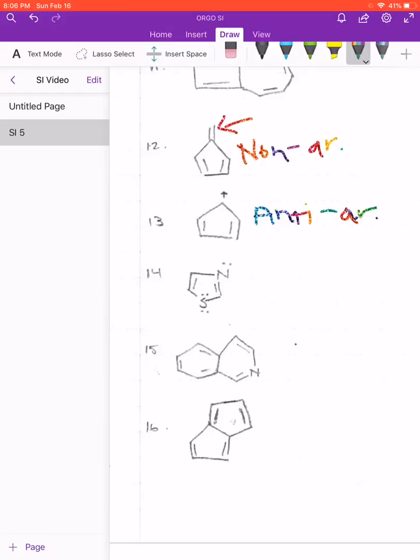So what about number 14? For number 14, let me state that a molecule like this one has two sets of electron pairs, like that. The electron pairs on the inside, right here, participate in the conjugation of the molecule.